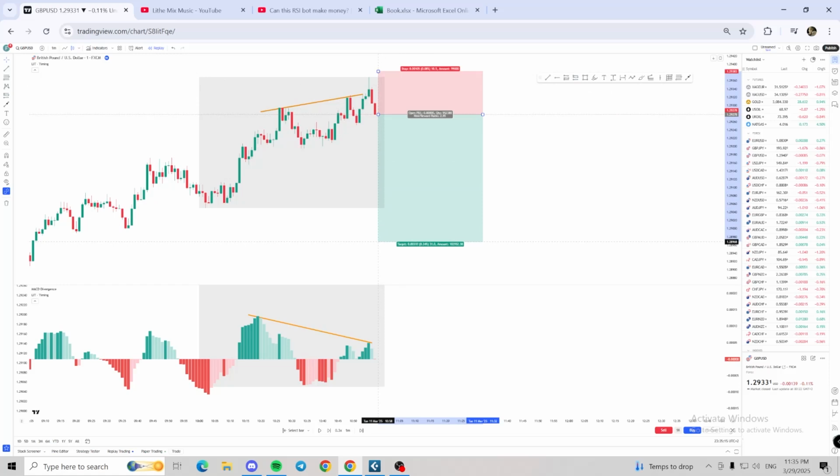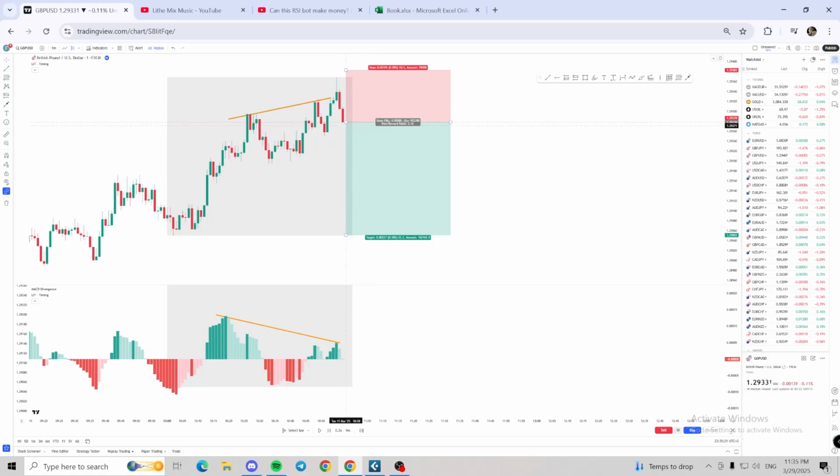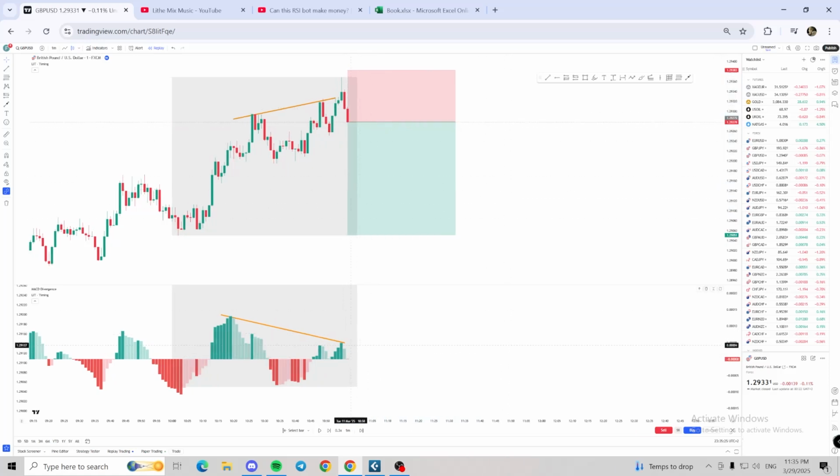Let's see. Let's just take this low here. Let's see what happens. The reason why I selected this bar is because we had one bar too many, you know, like the signal is right here.